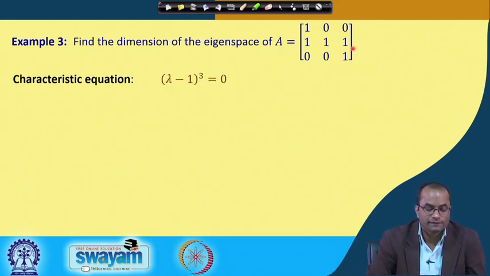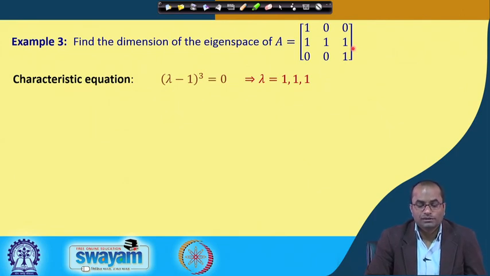What we will observe is that the characteristic equation is (lambda minus 1) to the power 3 equal to 0. So, we have these 3 roots, 1, 1, 1. That means the algebraic multiplicity of lambda equal to 1 is 3 now. So, we have an example where we have the same eigenvalue repeated 3 times.